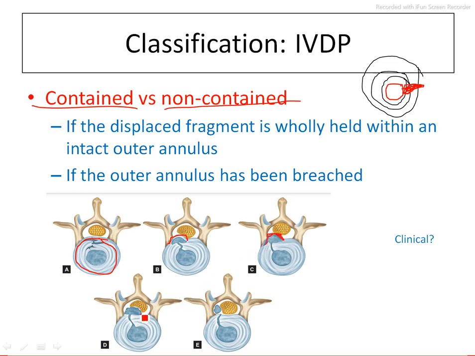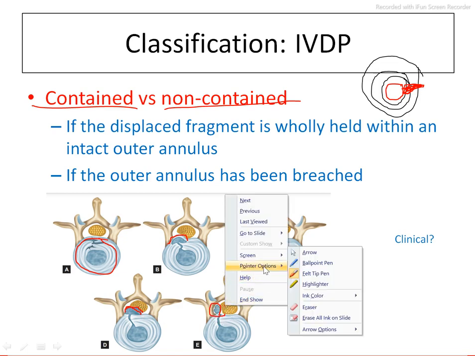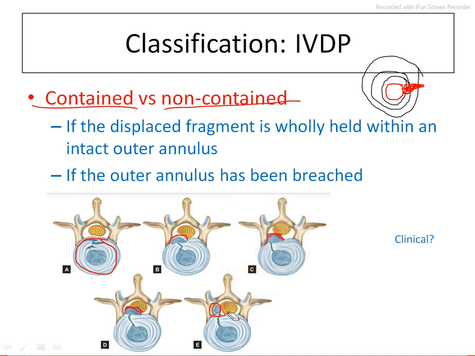And you see here no protection at all. So it is non-content type. And you see here, this is a perfect example of sequestration. So let me erase it and show you again. This is a perfect example of sequestration because there is discontinuity.